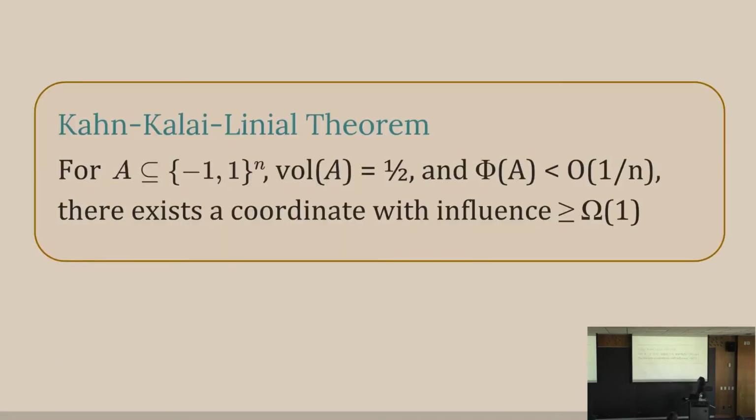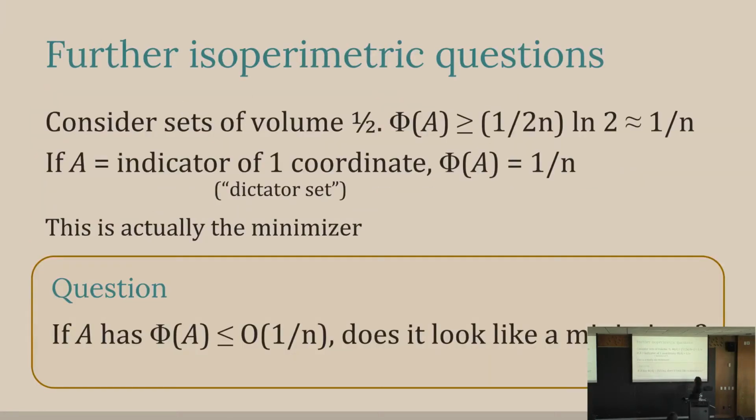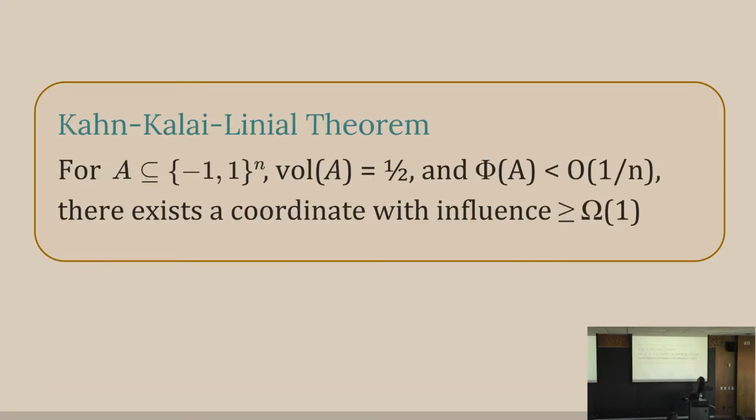So the question I was asking was: if you have a set that has almost minimizing conductance, does it look like a minimizer? This is answered positively by the KKL theorem, which says, qualitatively, that if you have a set with constant volume, and the conductance is at most a constant times the minimizer, then there has to be a coordinate with influence at least a constant.